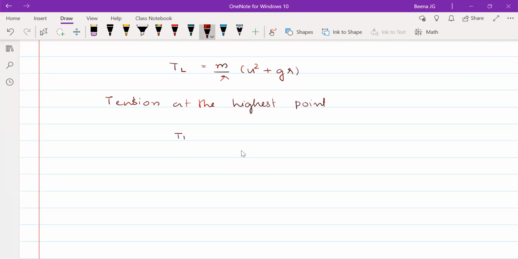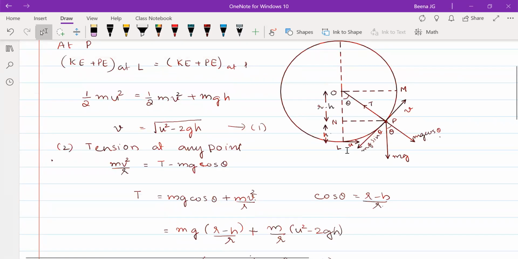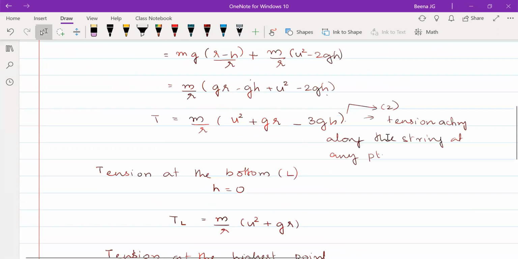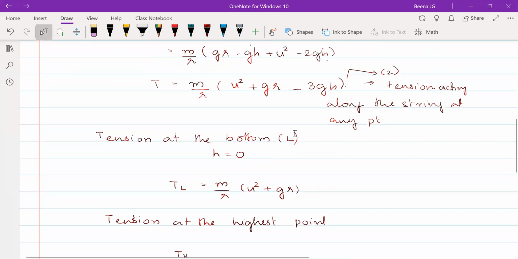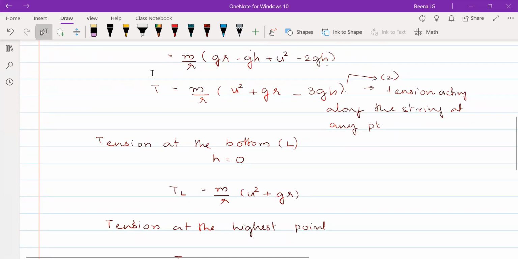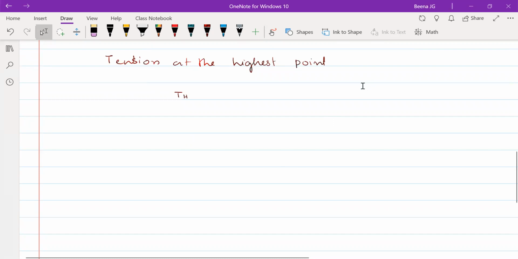So at the highest point, the height becomes equal to 2r. H is equal to 2r. So in equation number 2, we'll copy the equation and then put the value.